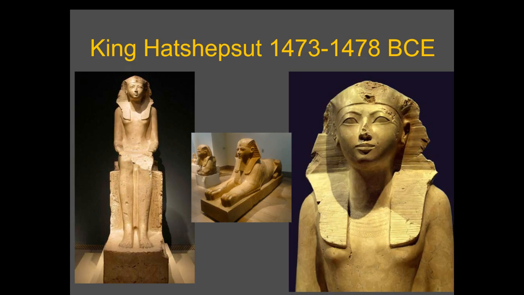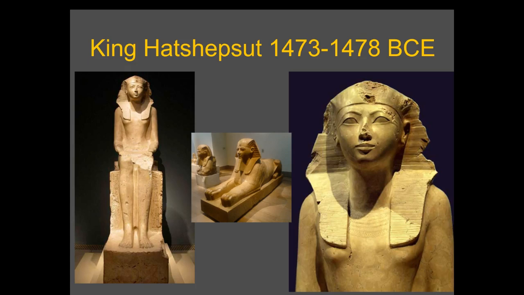She married her stepbrother when she was only 12, and he died, and she was then to be the regent of the throne for her stepson. So Hatshepsut's stepson was supposed to be king or pharaoh, but he died.